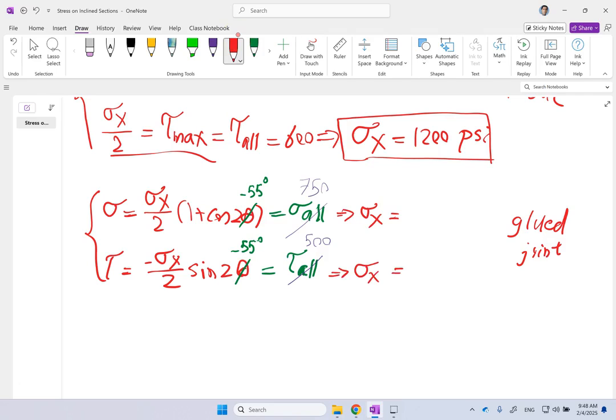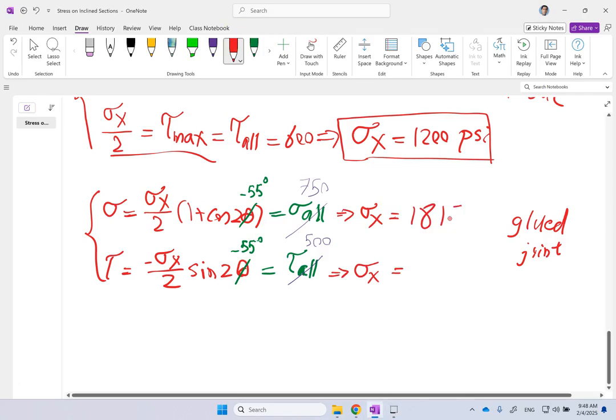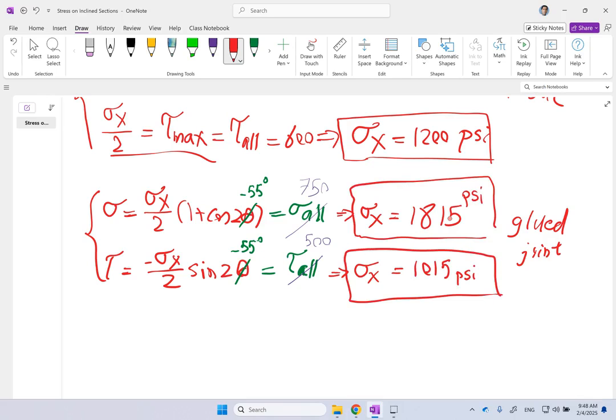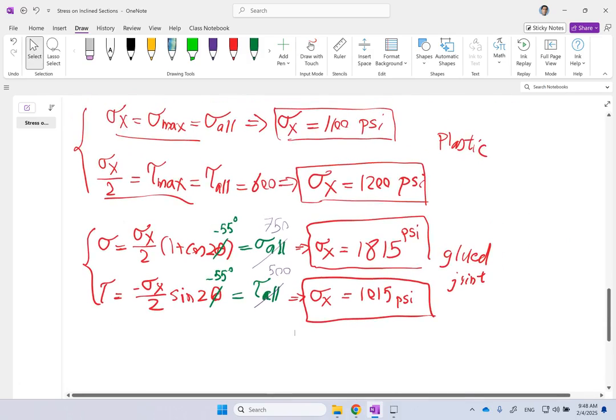Okay, so let's go ahead and calculate it. So this is going to be 1850, and this is going to be 1015 psi. So I got two other numbers for sigma. Now I have four numbers for sigma.